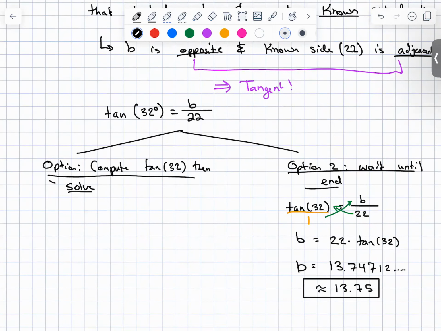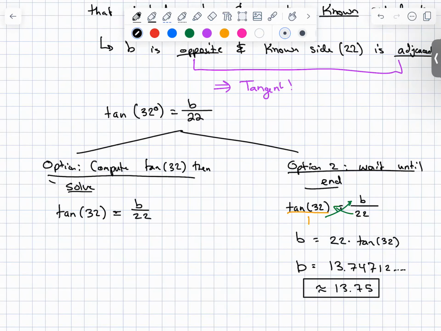Yes. Can you explain again the part of the 22 times tangent of 32? Right here. Yes. So in my calculator, I did 22, and then I did multiplication by tangent of 32. Yeah. So tangent of 32 is going to be a number. And this is why I like this method more, and I'll show you. Same setup: tangent of 32 is equal to B over 22. I compute what tangent of 32 degrees is first, so that I see a familiar number.